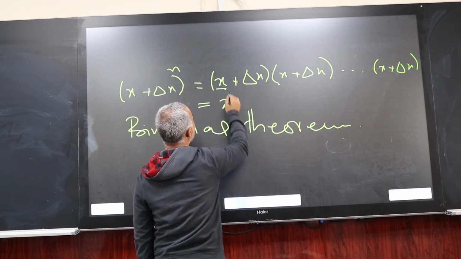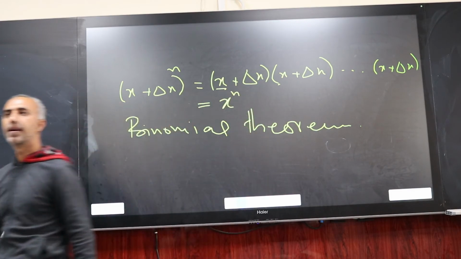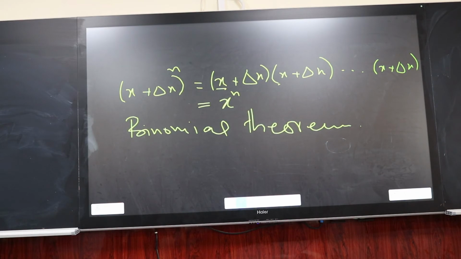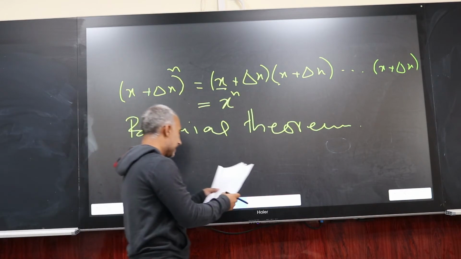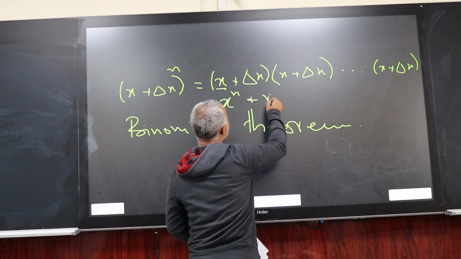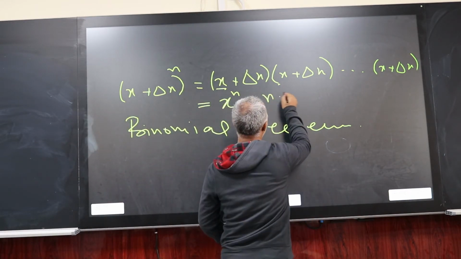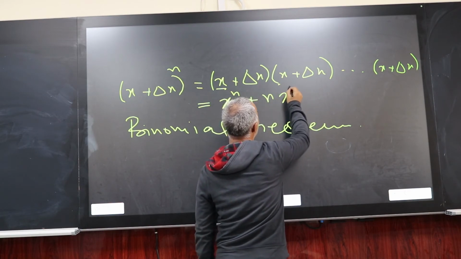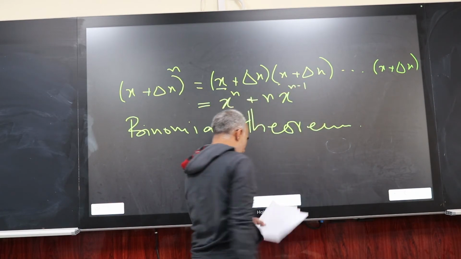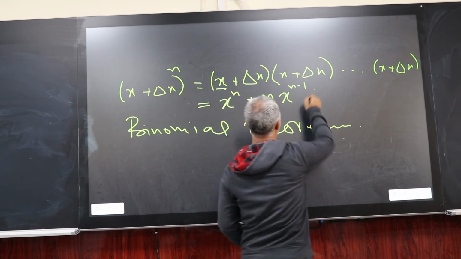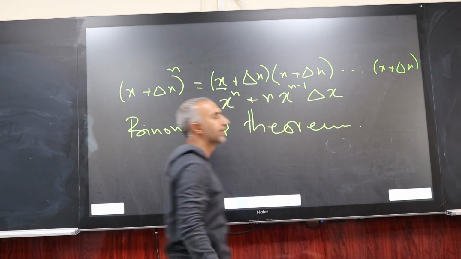We will get x to the n. Similarly, in the next step, you will get n times x to the n minus 1, delta x.